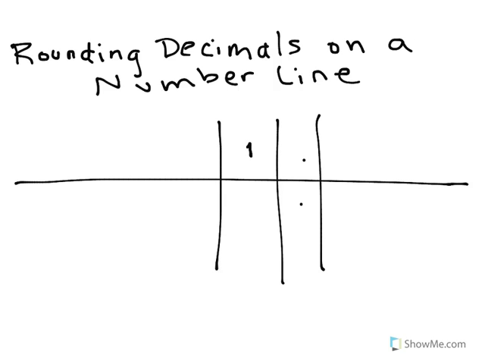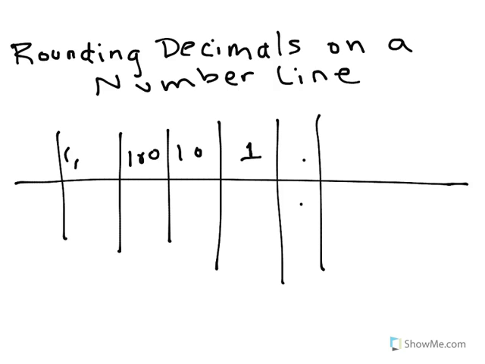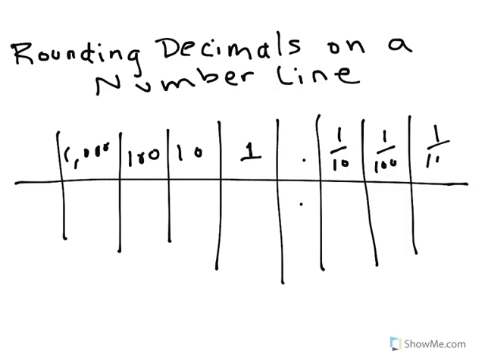And I'm going to make it really simple. I'm just going to use 1 for the ones place, 10 for the tens place, 100, 1,000, the thousands place, and we go to the millions place in the 5th grade. And then on the other side of the decimal is the tenths place, the hundredths place, and the thousandths place.